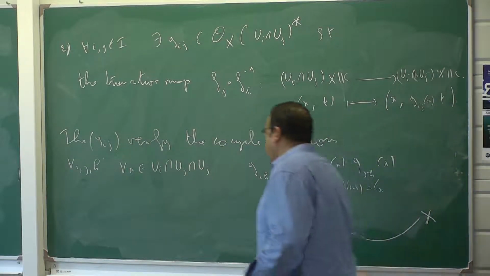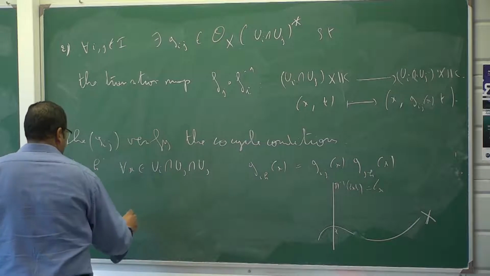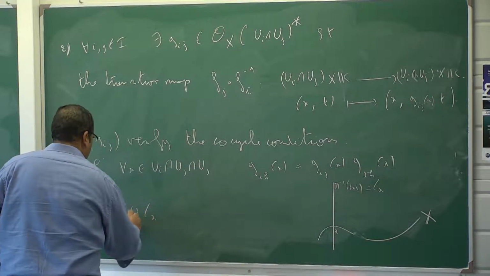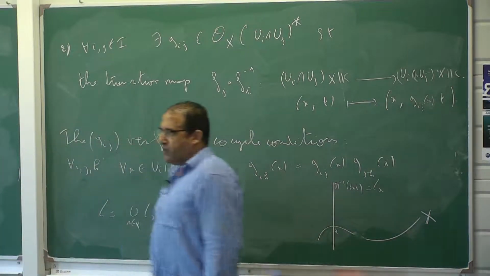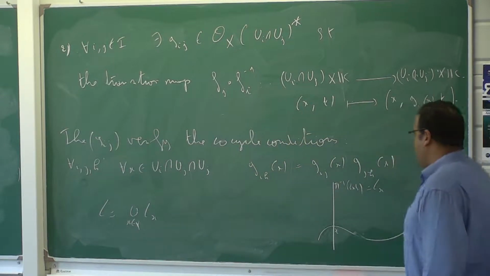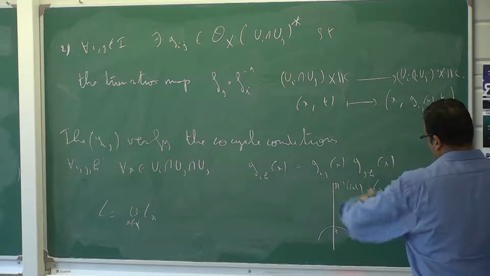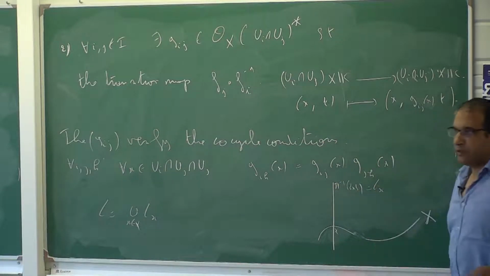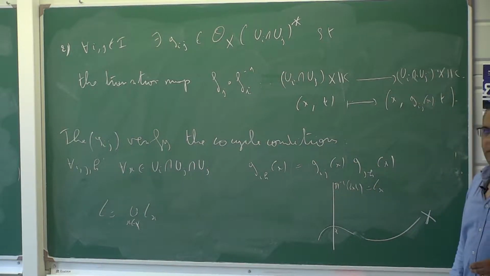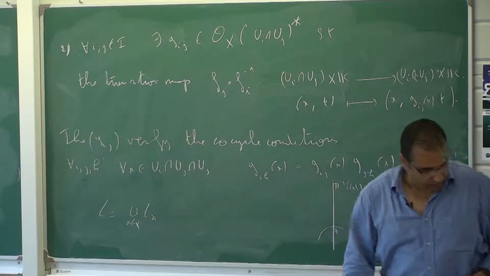And L is, in some sense, the union of these parametrized lines, and this family depends in a regular way on x in some sense.